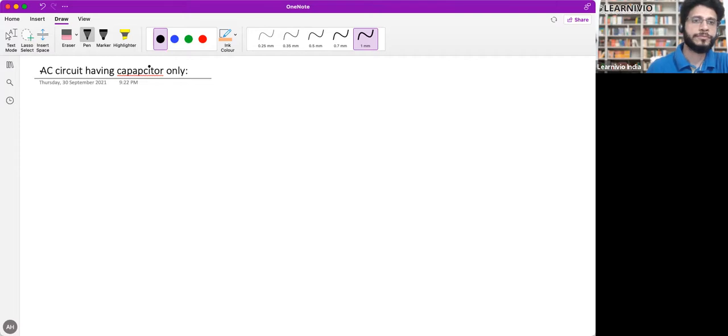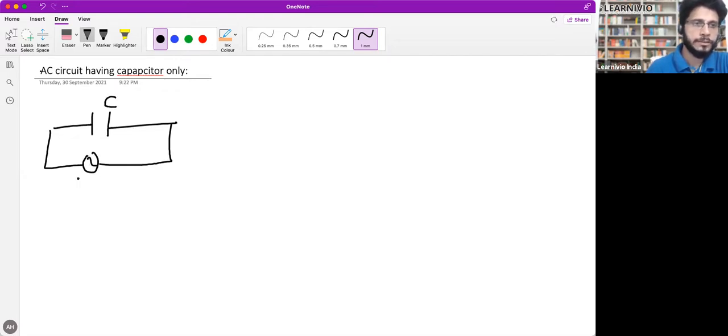Capacitor. So you have a capacitor and you connect this capacitor to an AC supply. AC supply is E naught sine omega t. So here your motive is to get the equation of current.